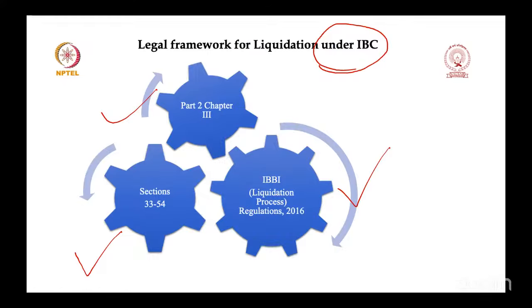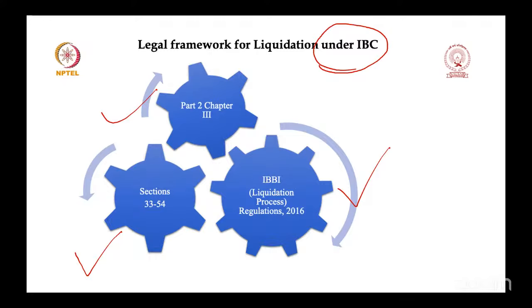Firstly, let's do a quick understanding of what the legal framework for liquidation is. Number one, Part 2 of Chapter 3 of the Insolvency and Bankruptcy Code deals with liquidation, vide sections 33 to 54 of the IBC Code 2016. Along with that, we also have regulations framed by IBBI by the name IBBI Liquidation Process Regulations 2016.